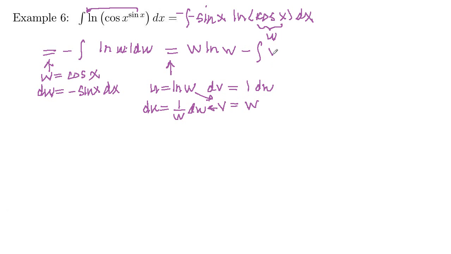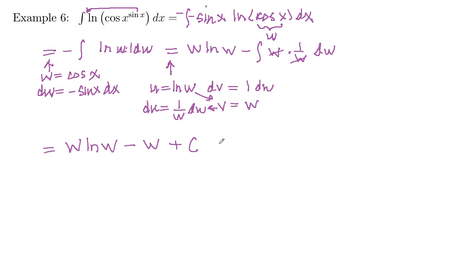So it's w times 1 over w dw, and that works out nicely because the w's cancel here, and we're just integrating 1. So this will be w times ln of w, and then the integral of 1 is just w, and then plus a constant. And then we just have to reverse our substitution.